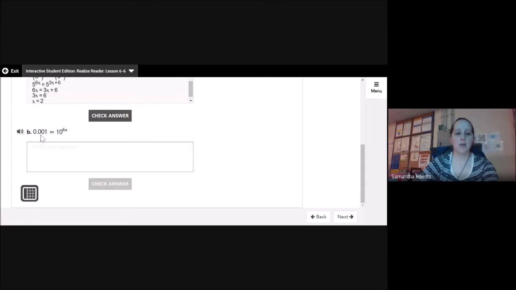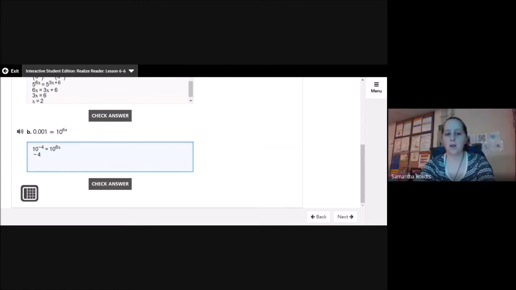B is 0.001 equals 10 to the 6x. Okay, 0.001 can be written as, let's see, 1, 2, 3, as 10 to the -3 equals 10 to the 6x.